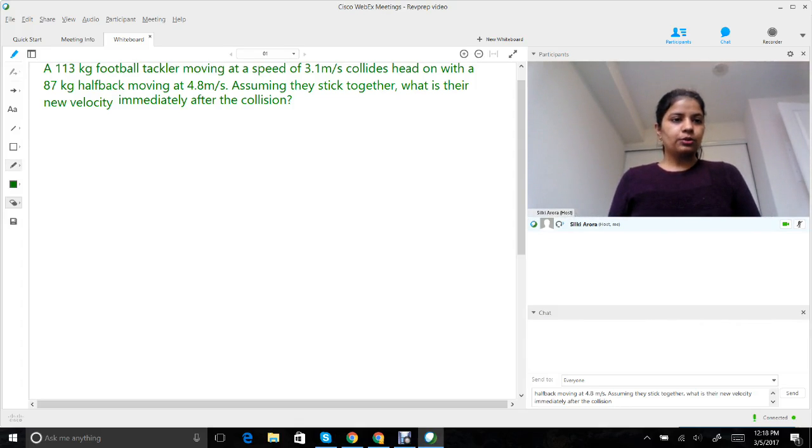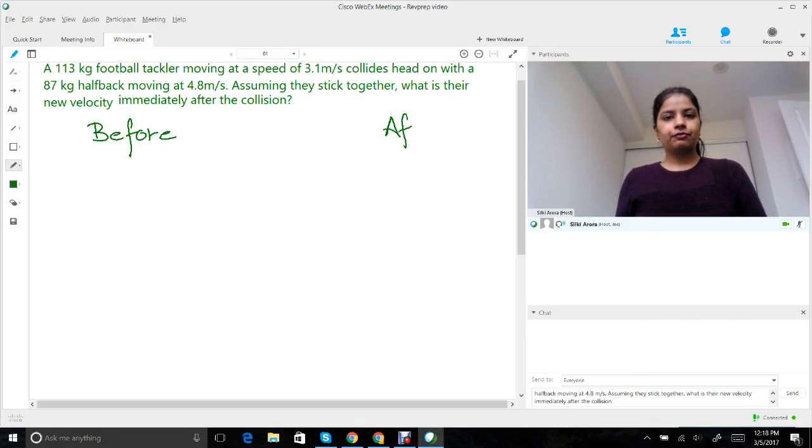Okay, so let's work out together. What would be the first step? Yes, we need to make two columns, before collision and after collision. That's right. Now we are going to write what is given to us. So in the column of before collision, what information do we have?